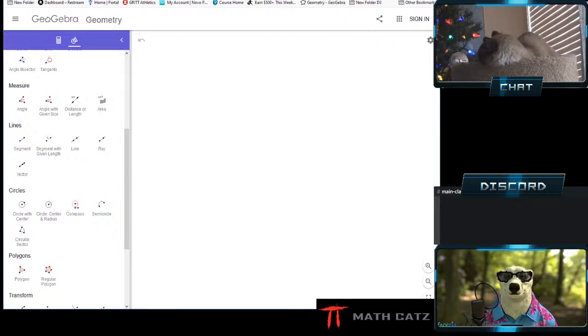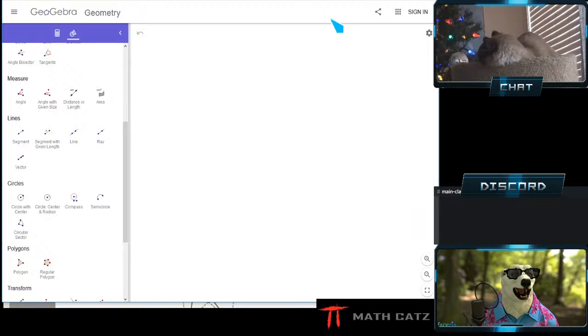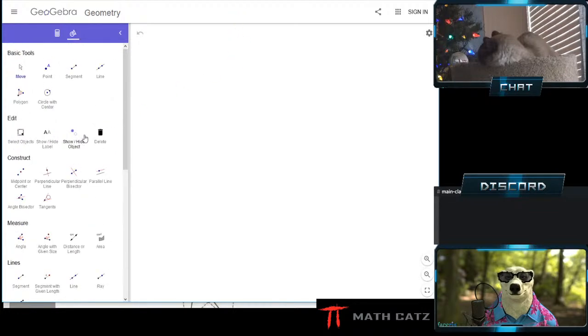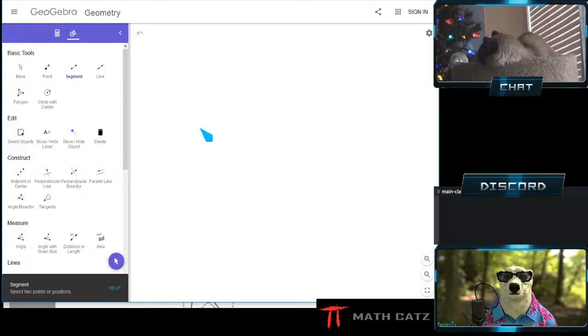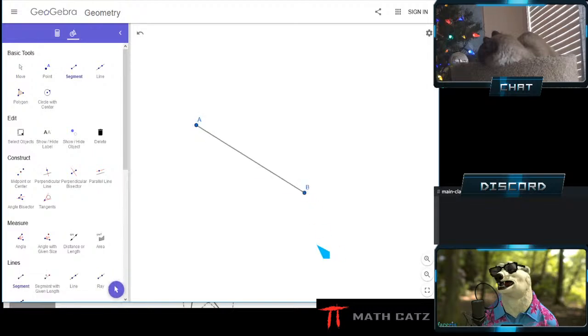Just double check if my screen is as big as it can be. Yeah. Okay, so we've done a number of constructions. Let's remember the most important one, which is the perpendicular bisector to a line segment. There's my line segment, randomly.